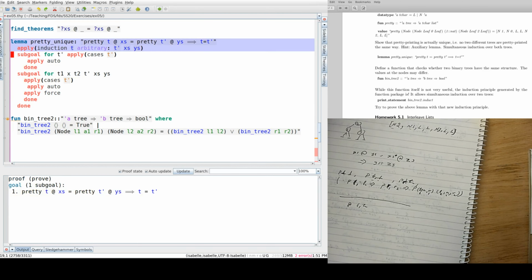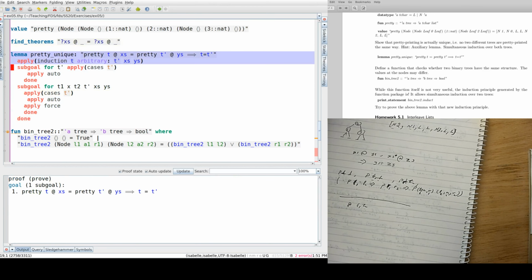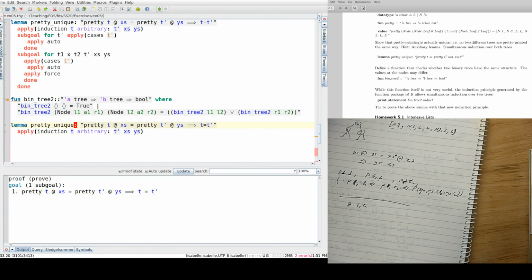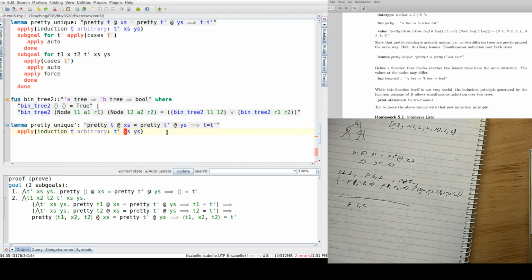Okay, so I will do the same proof. I'll prove the same lemma here. This actually is an auxiliary lemma for the main theorem. The main theorem will just be an instantiation of x's and y's with empty, but that's not the point of the exercise anyway.